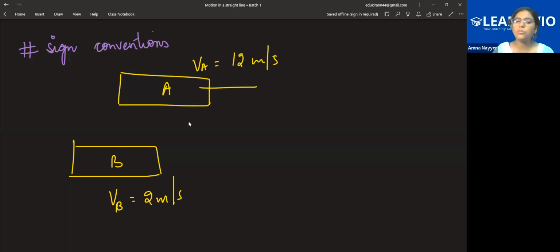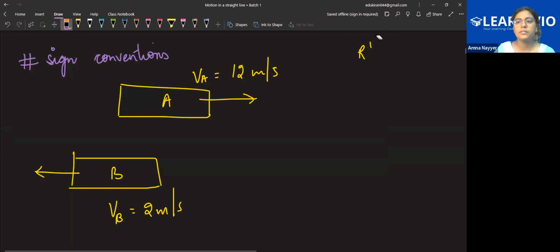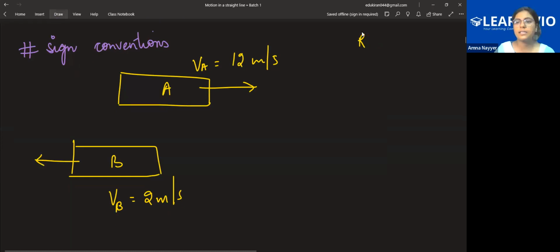Suppose one is moving in this direction and the other is moving towards the left. This is our right side and this is our left side.